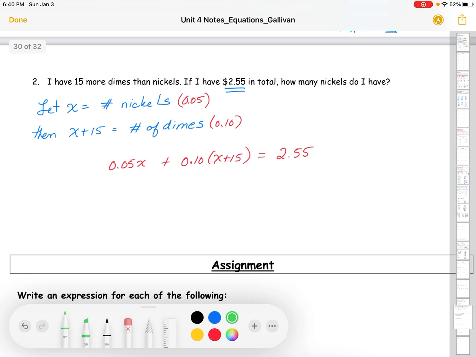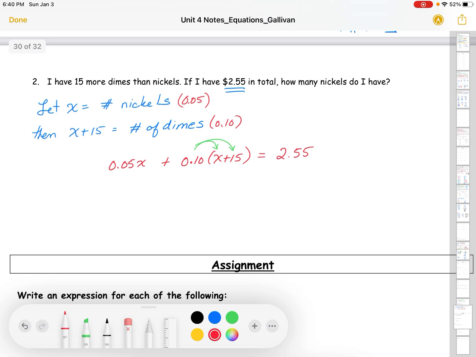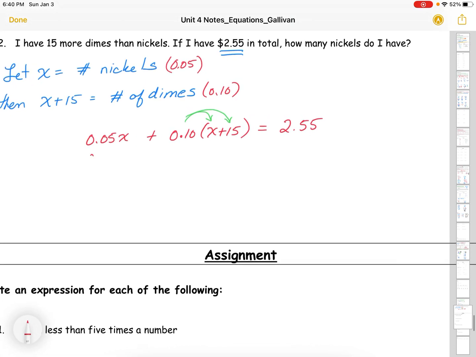Okay, so in order for me to solve this, I'm going to have to distribute, right? So I'm going to have 0.05x plus 0.10x plus, 15 times 0.1 is 1.5. Okay, I'm going to combine my like terms. So I'm going to have 0.15x plus 1.5 equals 2.55.